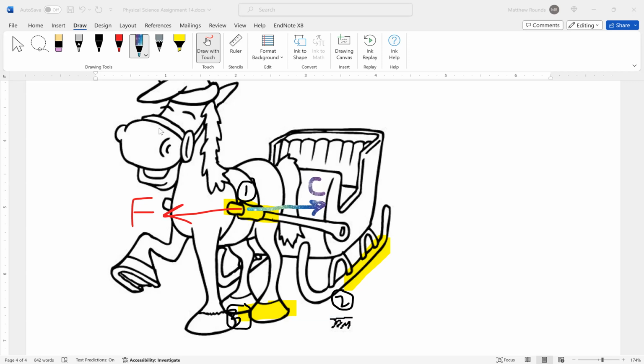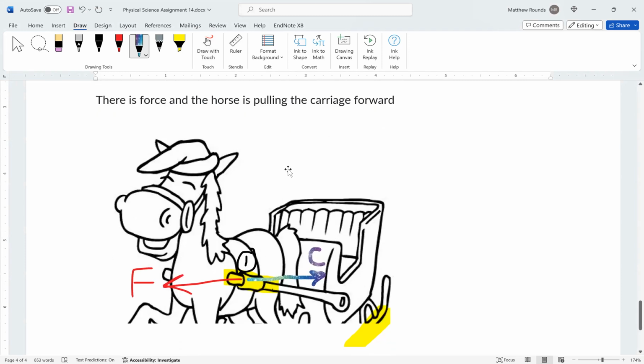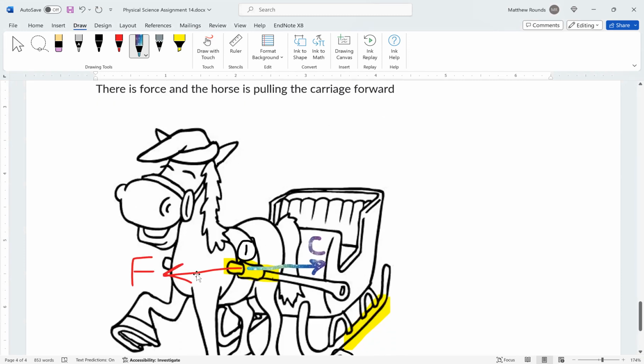All right, here's what I wrote. Okay, let me take a look. We are close on time. Now, this is very important: which is greater, F horse or F carriage? F horse. That's right.